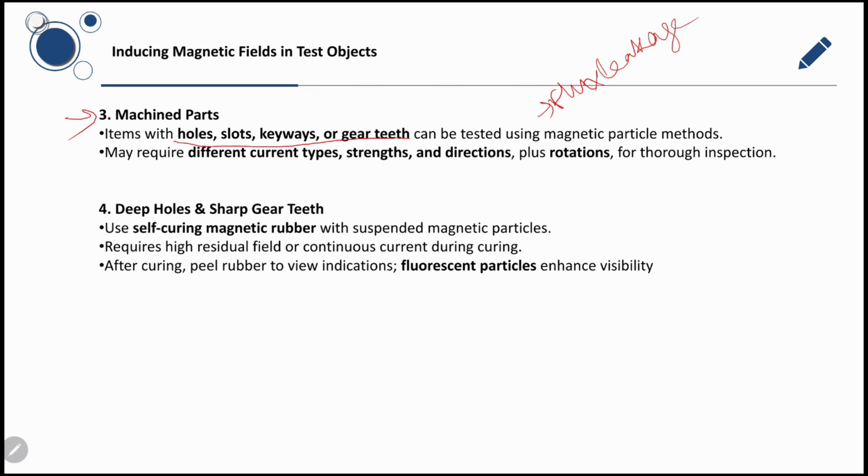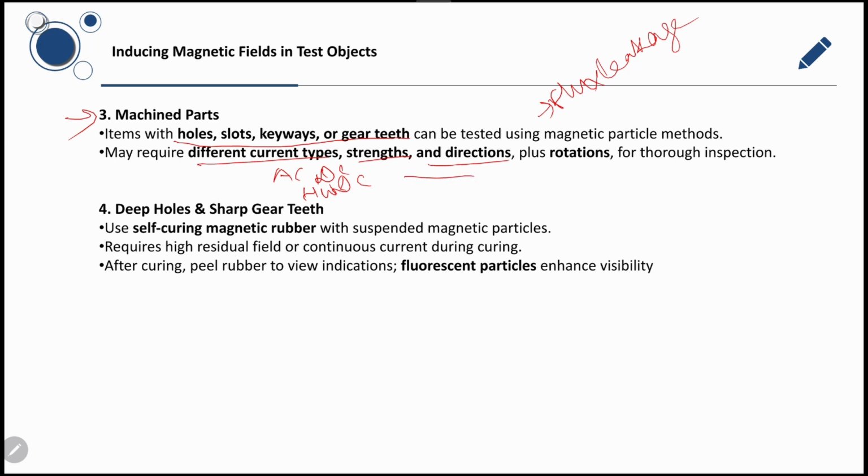So we use different magnetizing currents, that means AC, DC, half wave DC, depending on whether surface or subsurface flaws need to be detected, and vary the strength and direction of the magnetic field to cover all areas.